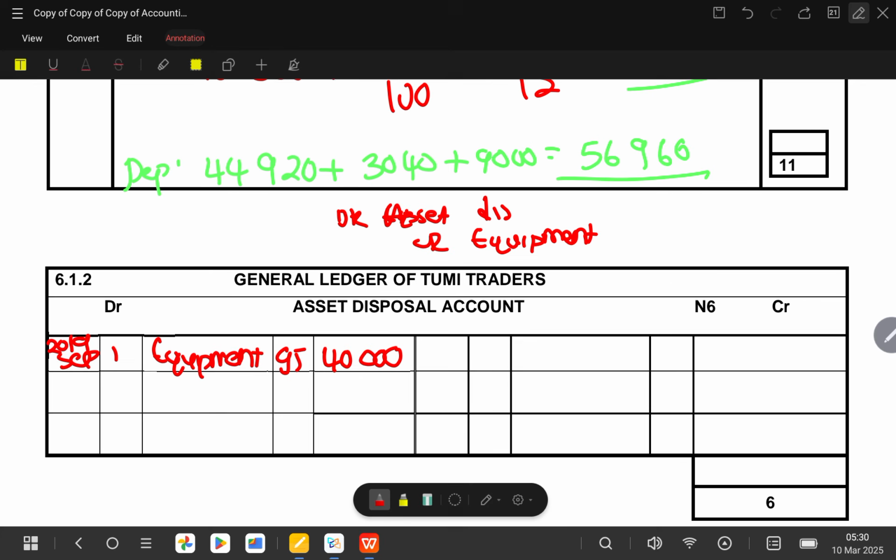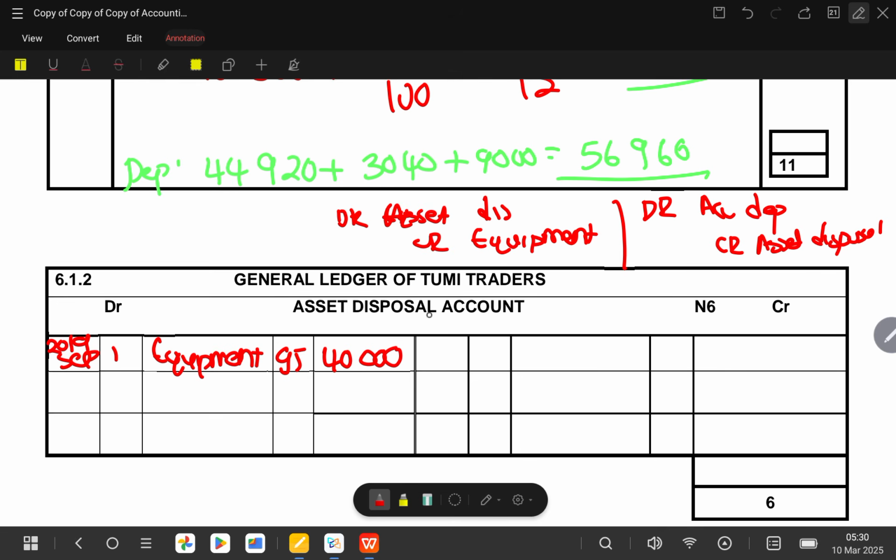And then, because when we sell, we debit accumulated depreciation, the journal entry will be that we debit accumulated depreciation and then we credit asset disposal. Okay, very important for you to know this.